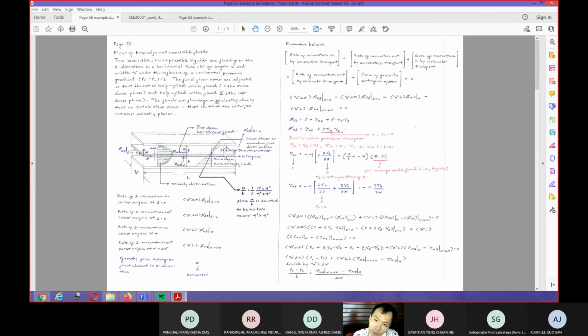In here, this is the profile of the shear stress, meaning that if we start at x equal minus b, the shear stress will be negative, right? And then as we go up, there will be a point where the shear stress is equal to 0. At this particular point, the velocity should be maximum, right? And then the shear stress will go up and up.